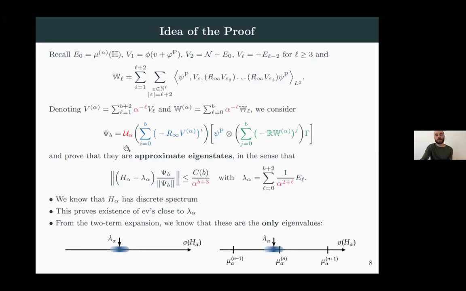To solve this, one has to implement a so-called unitary dressing transformation, the Gross transformation, that maps these types of states into the domain of the operator H alpha. But of course, the presence of this unitary then adds many new terms, and that makes the whole argument more complicated.